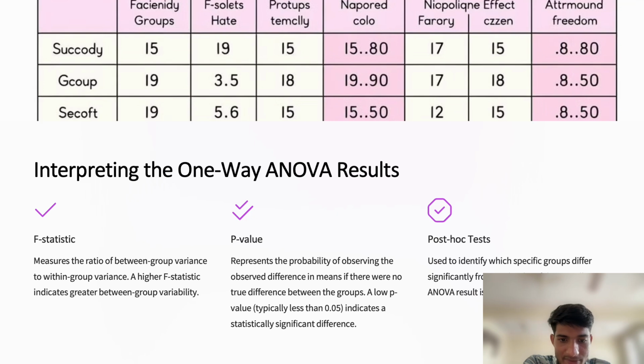P value represents the probability of observing the observed difference in means if there were no true difference between the groups. A low value, typically less than 0.05, indicates a statistically significant difference. Post hoc tests are used to identify which specific groups differ significantly from the ANOVA results.